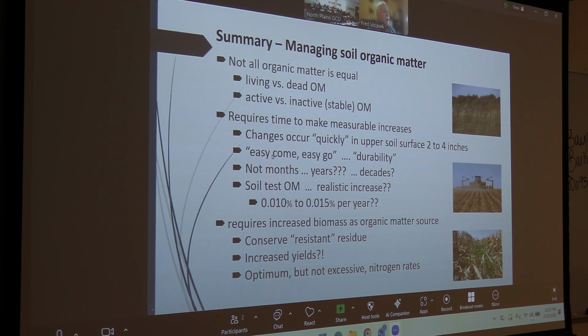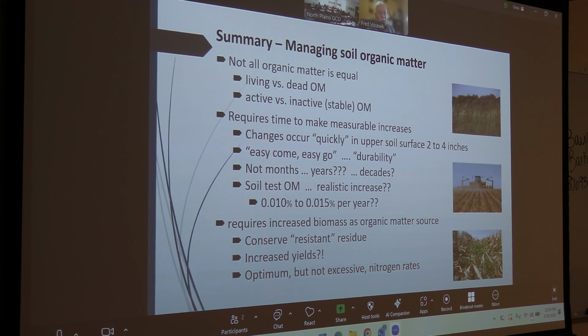Now, this organic matter that we build quickly, you can think of that as active organic matter. I call it easy come, easy go. It's not very durable. If we think back to that diagram I talked about, that showed the stepwise organic matter, you can almost think of it like at the top, we've got things like molasses and honey, and then we've got paper and that sort of thing, and then the next organic matter would be like wood, like pine, and even hardwood like oak and maple.